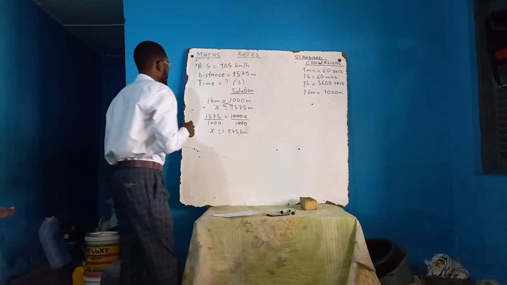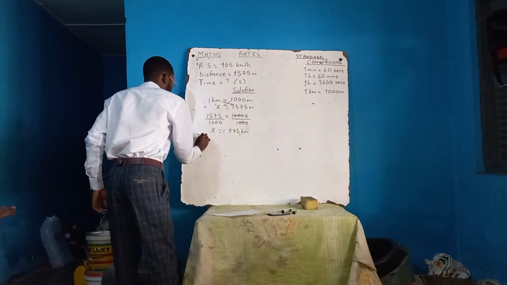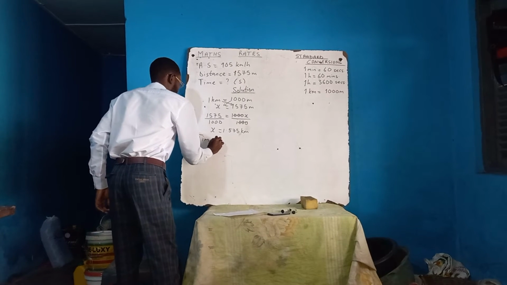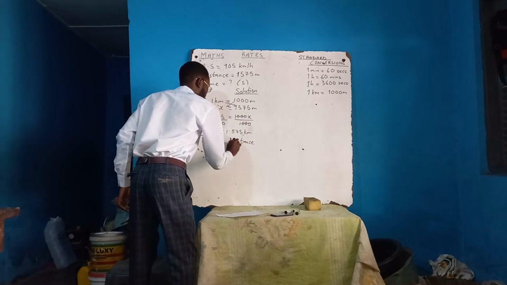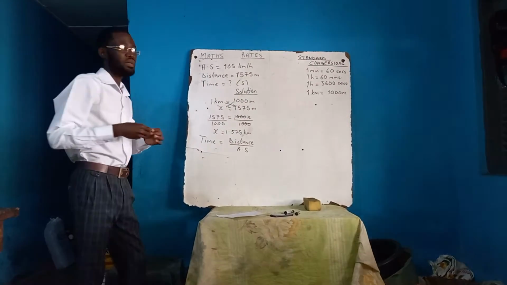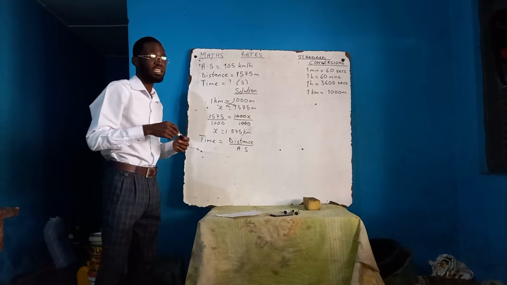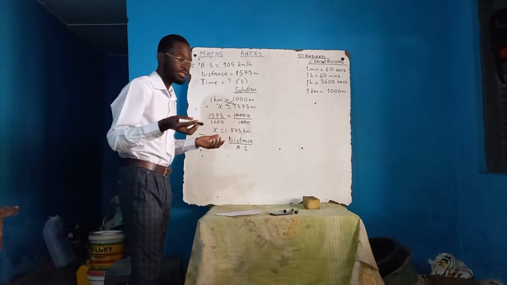Per our definition or our formula for time, we are going to have time is equal to distance over average speed. And I trust by now you are used to this acronym AS, which stands for average speed.